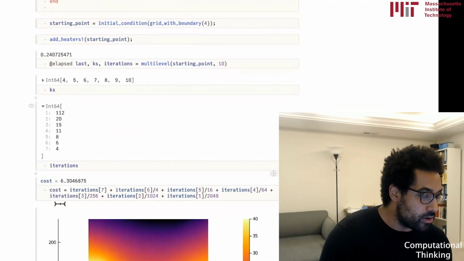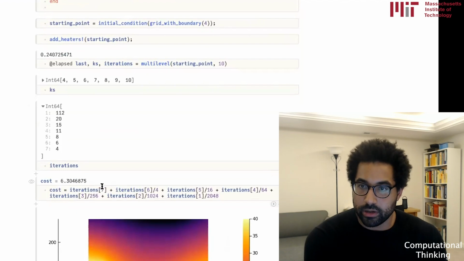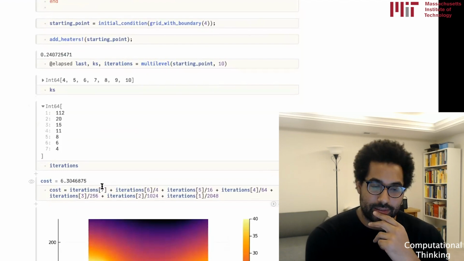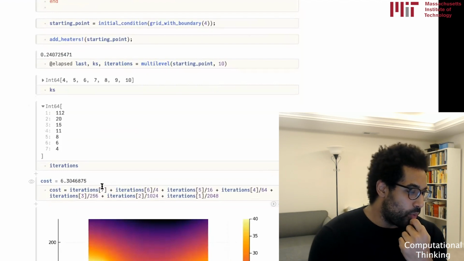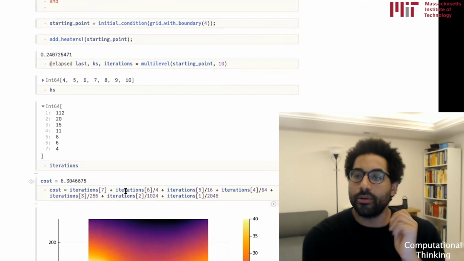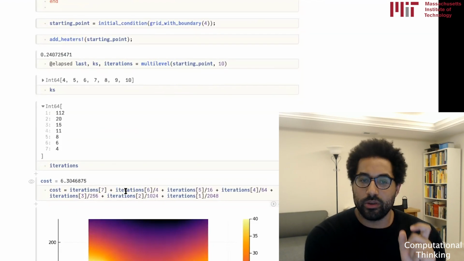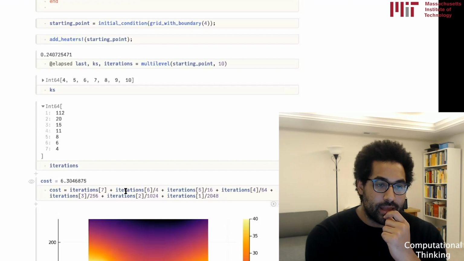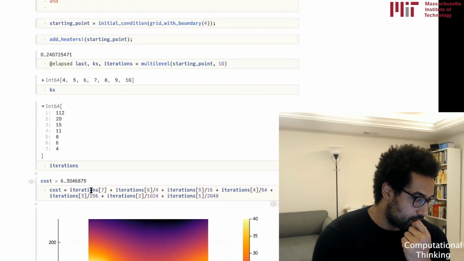One thing to note is that iterations on coarser grids are cheaper because there are fewer points. So if you weight the number of iterations at each level by the factor of how many fewer grid points it has, you'll note that at the end the cost is very, very small.